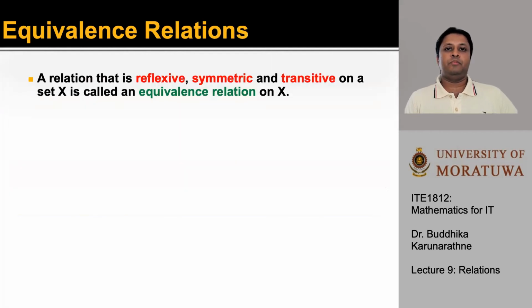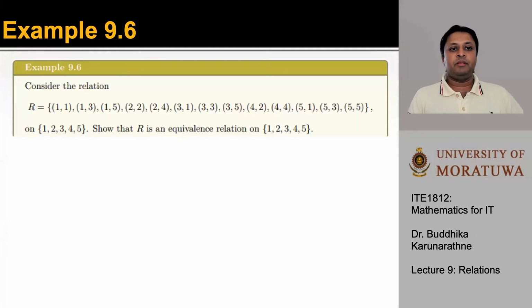Right, so we move on to another concept which we call equivalence relations. This is a relation that is reflexive, symmetric, and transitive on a set X. If all these conditions are met, we can call that an equivalence relation on X. We look at an example to understand equivalence relations.